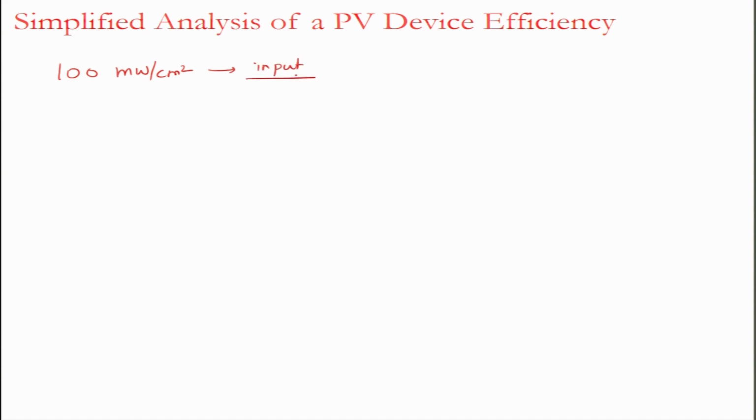Okay. So, if P in is equal to 100 milliwatts per centimeter square, this can be represented as q into N photon into E average by q. Basically, 100 milliwatts per centimeter square is nothing but the product of the number of photons into the average photon energy.